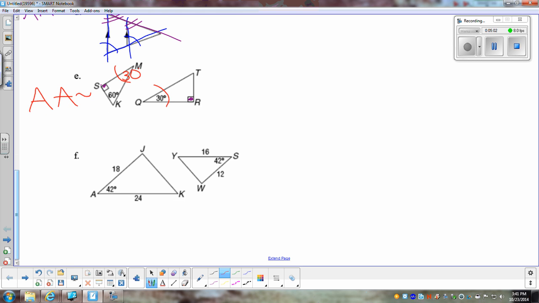In F, I have a pair of congruent angles, but I only have one, so it could be side, angle, side, but I have to check my proportions first. The little side of my big triangle is 18. The little side of my little triangle is 12, which simplifies to 3/2.